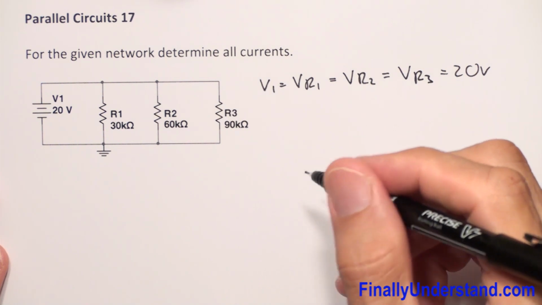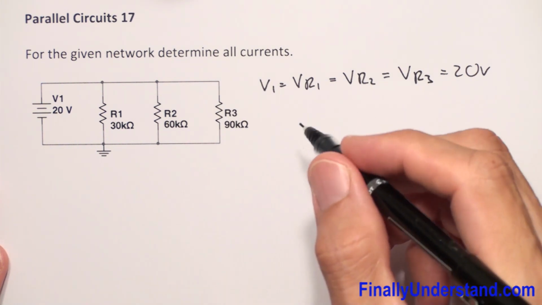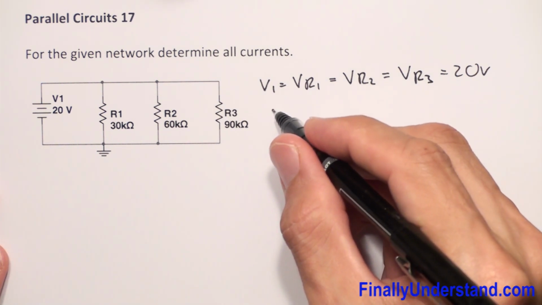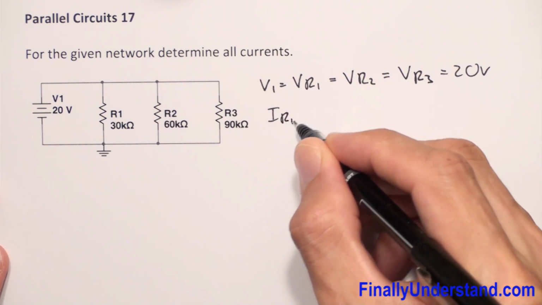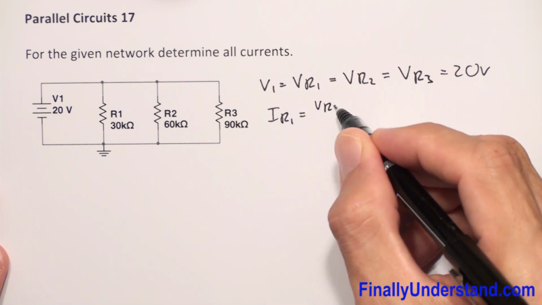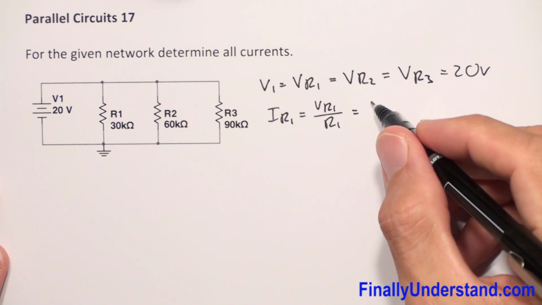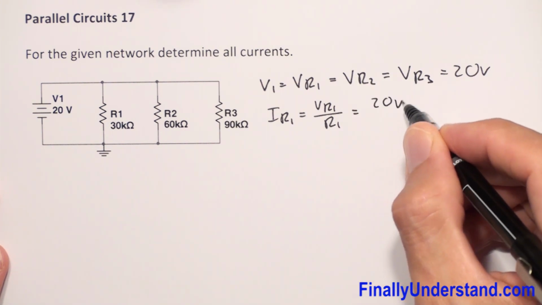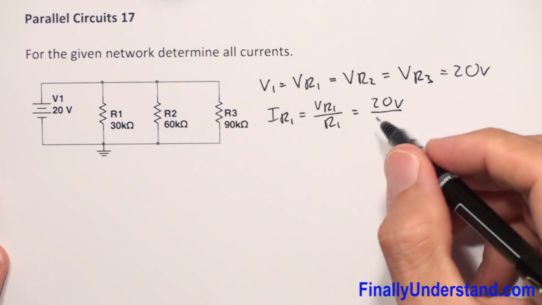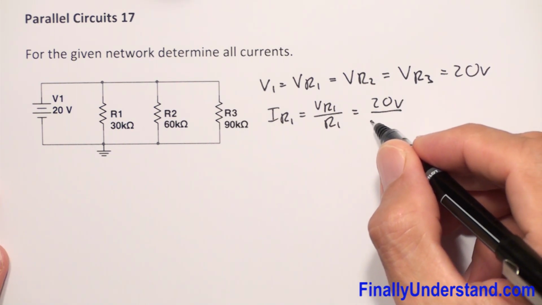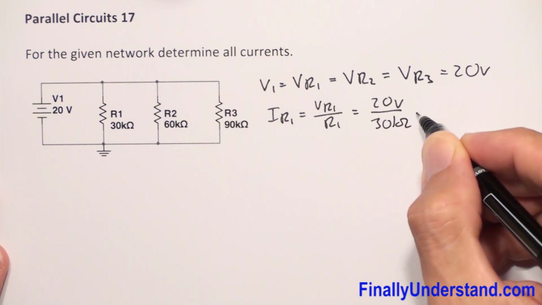To find the current through R1, I write I R1 is equal to VR1 over R1, which is 20 volts over 30 kilo ohms.